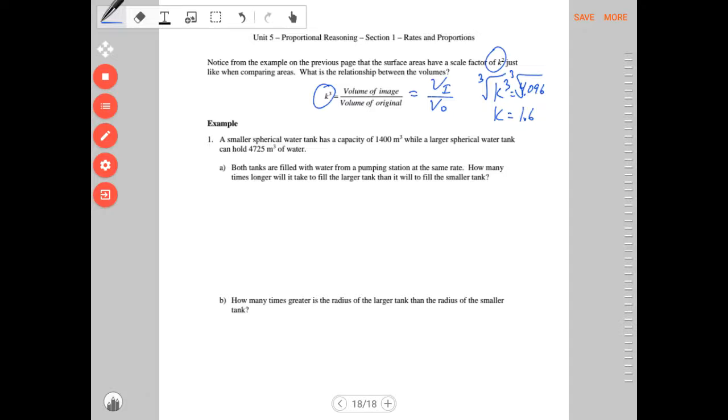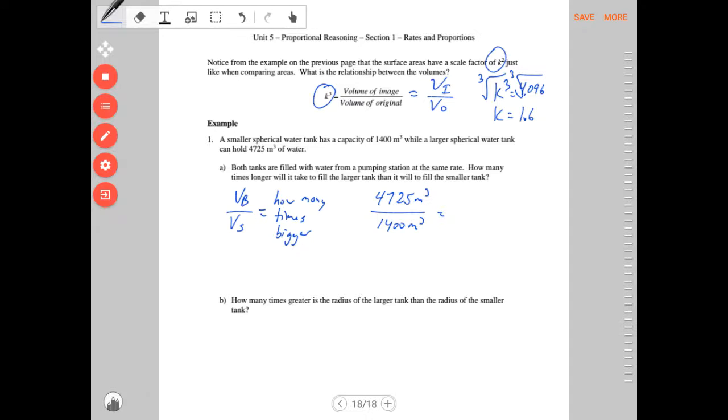So all we have to do is compare the volume. We take the volume of the bigger one divided by the volume of the smaller one to figure out how many times bigger. That's pretty straightforward. So 4,725 meters cubed divided by 1,400 meters cubed.